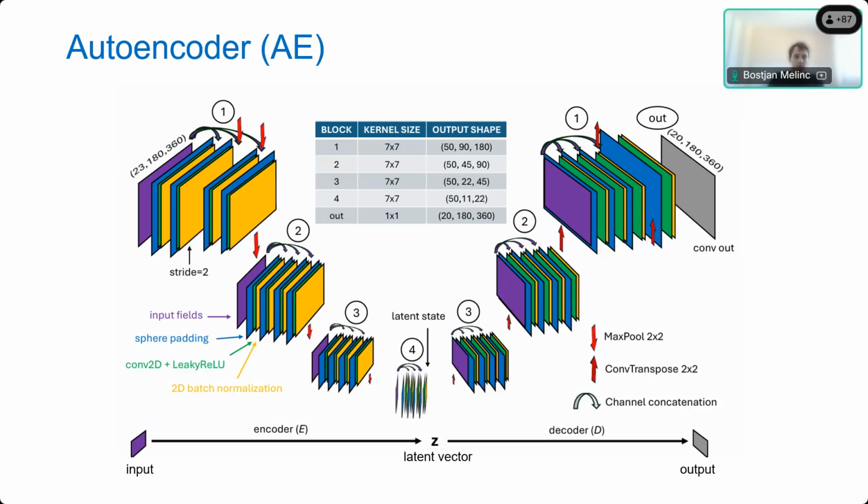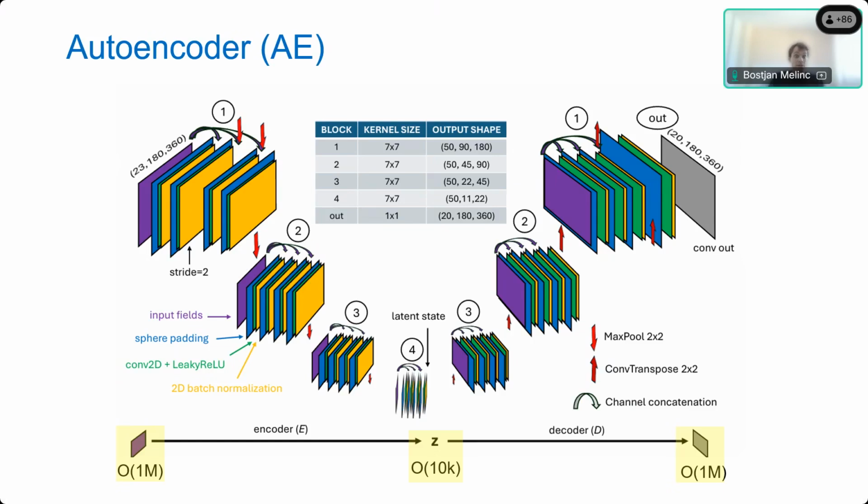The main thing is that the input enters an encoder, and the output from the encoder is the latent vector, which is labeled with Z. And then this latent vector enters the decoder, and the output is again the reconstructed 20 global atmospheric fields. The main structural property that I have to mention is the compression that happens during the transition of those atmospheric fields through the autoencoder.